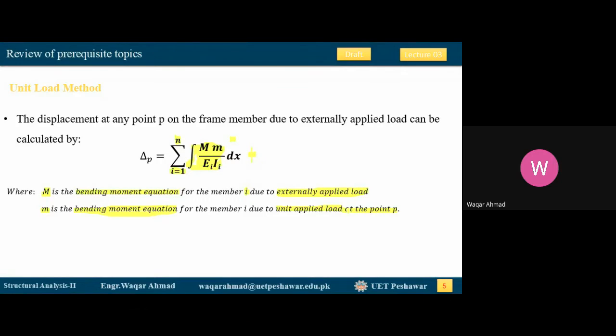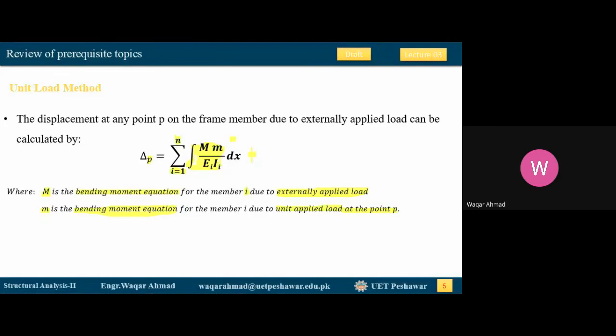So if you are finding the displacement at any point P, this equation requires you to find the bending moment equation due to the externally applied load, and also due to a unit load applied at the same point P, in terms of x, and then you put it in this equation.